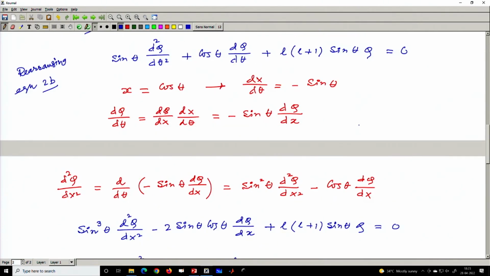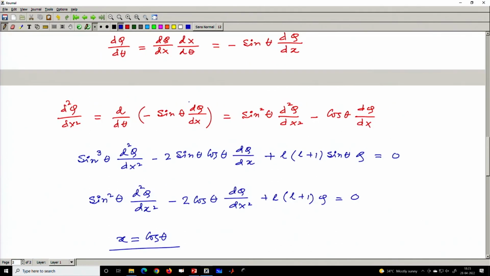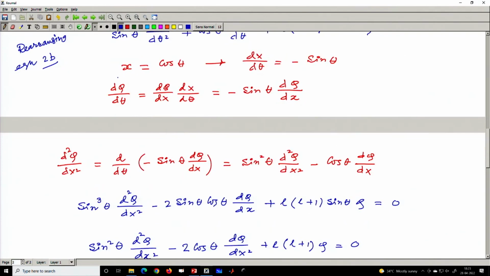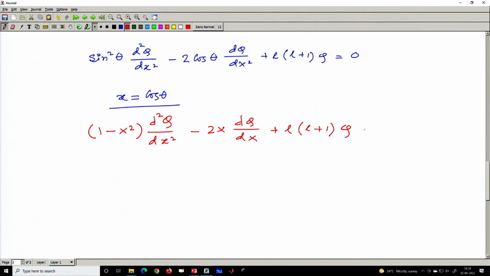Now, as x is equal to cos theta, which we already took here, if I just replace in terms of x, it simply becomes a very interesting equation: 1 minus x square d2q dx square minus 2x dq dx plus L into L plus 1 q is equal to 0.